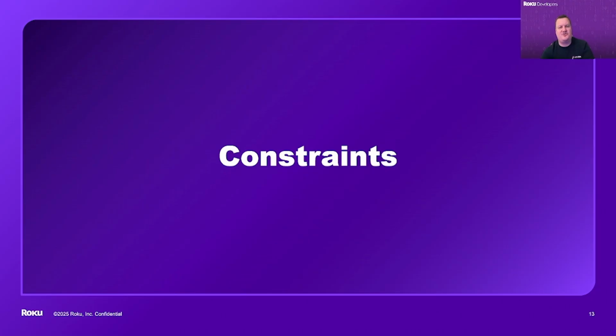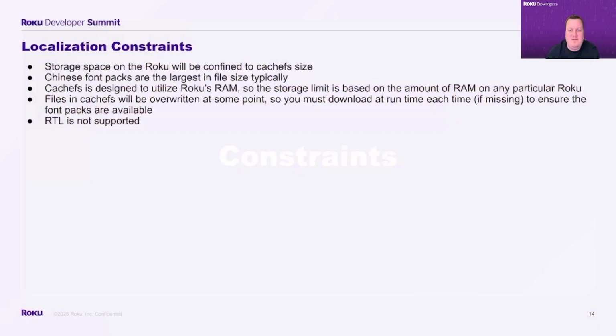So what kind of constraints do we have here for doing this? What kind of stuff will we run into? The first constraint is storage space. As we all know, Roku's storage space is somewhat limited, but if we utilize the cache file system, then we're only confined to the amount of RAM that Roku will have.